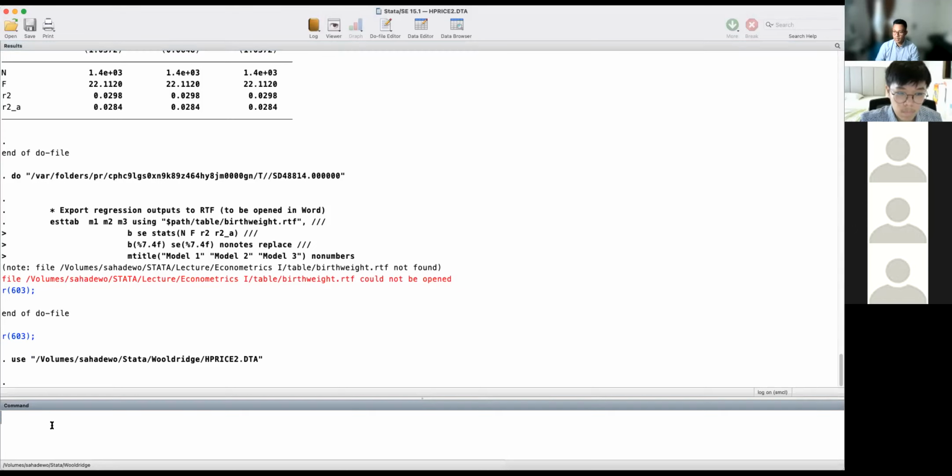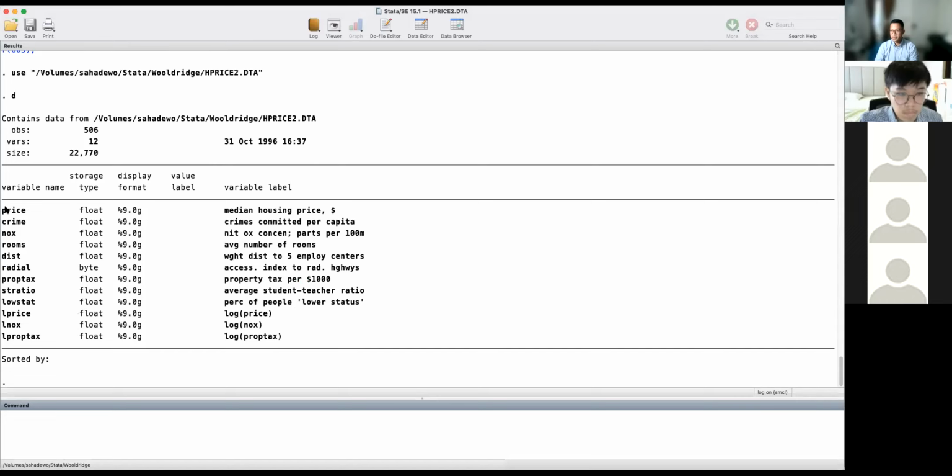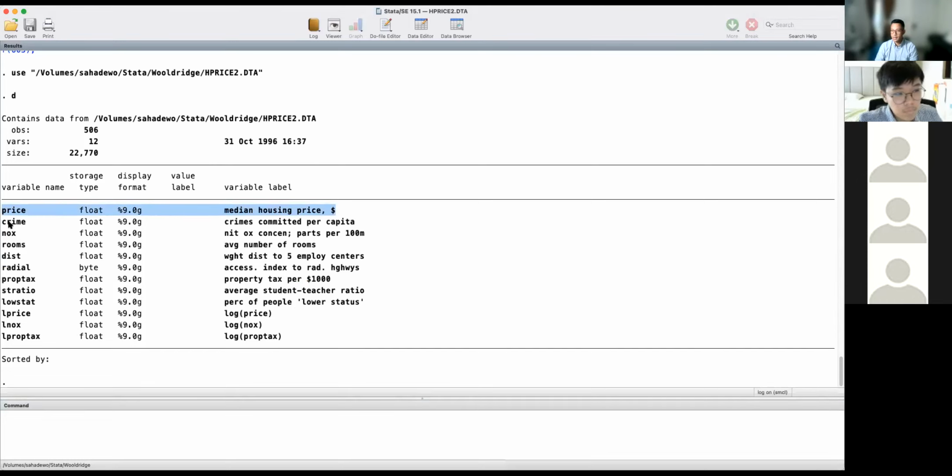So what do we see in the data? Basically, we have the price of the house. We have the crimes committed per capita, which provides you with an illustration of the crime rate in the region. We also have the nitrogen concentration, which is parts per 100 million. This variable is a measure of air pollution in the community.